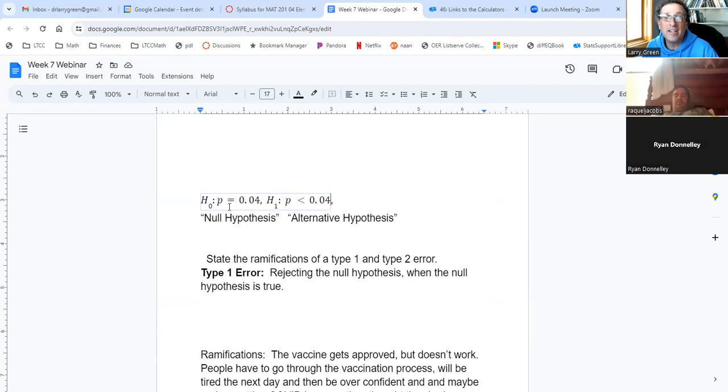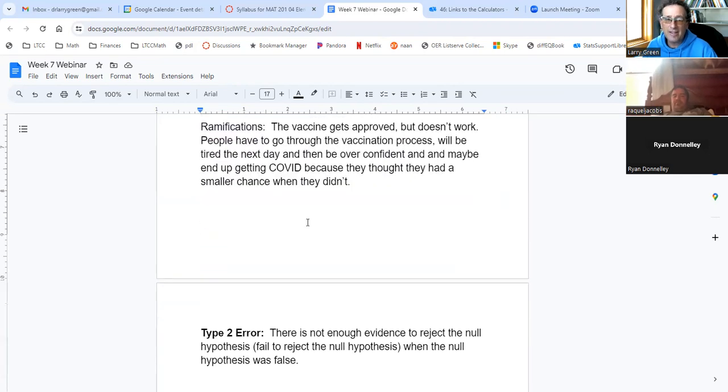Yeah, that means the vaccination works, but Pfizer doesn't approve it. Okay, so that's called a type 2 error. What that means is there's not enough evidence to reject the null hypothesis. Another way of saying that is we fail to reject the null hypothesis.